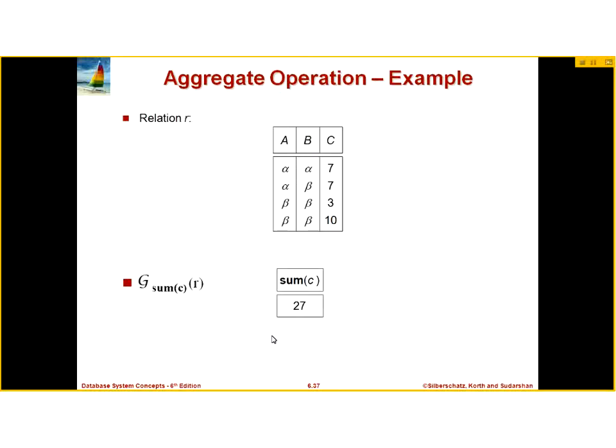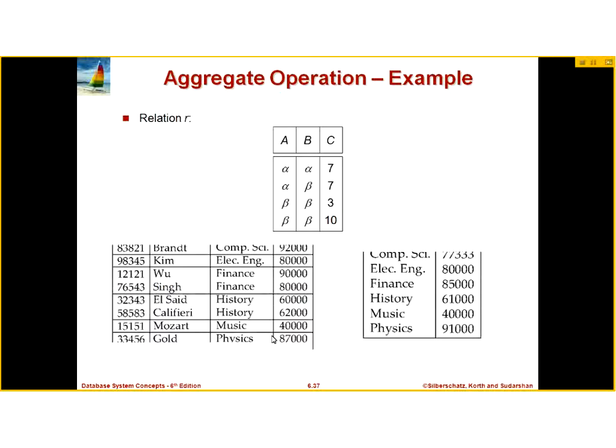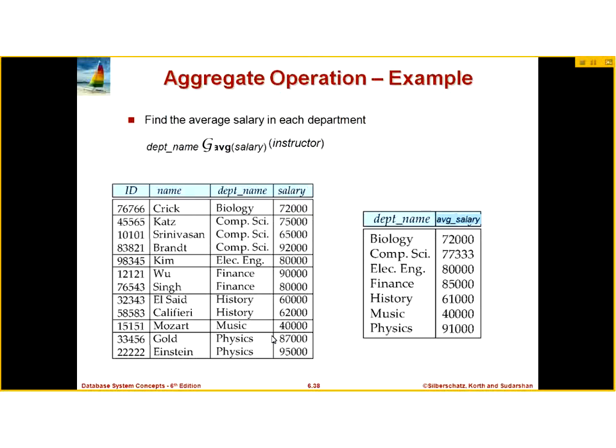So this is the aggregate operation for relation R. You can take a sum of column C. Similarly, you can find the average salary in each department using these operations.